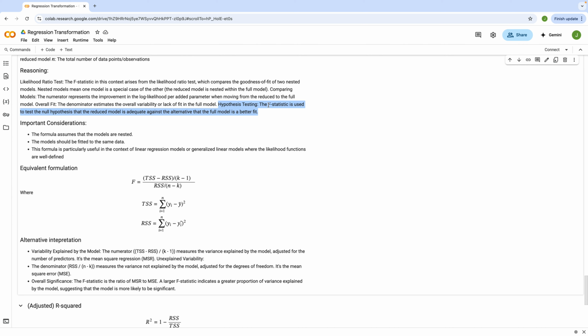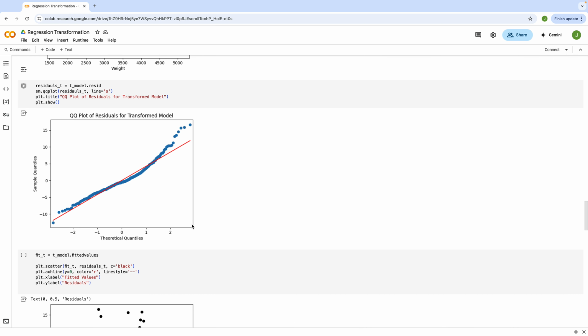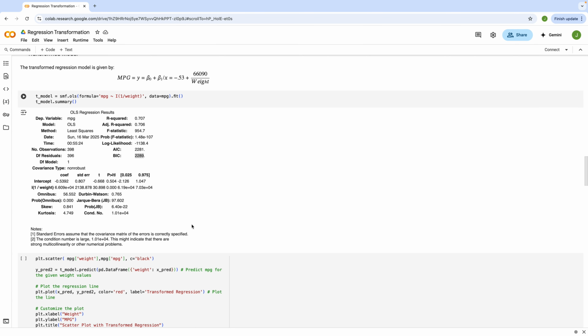You can use the F statistic. The F statistic here has a null hypothesis that your reduced model is adequate against the alternative that the full model is better. So we can use this F statistic.